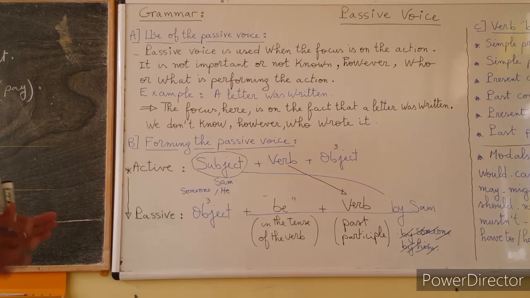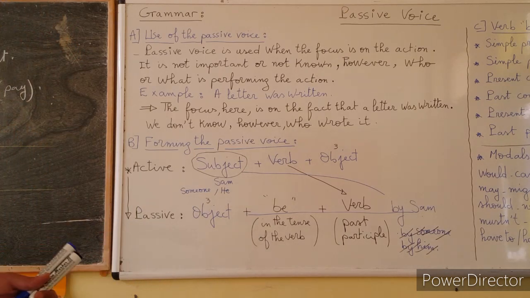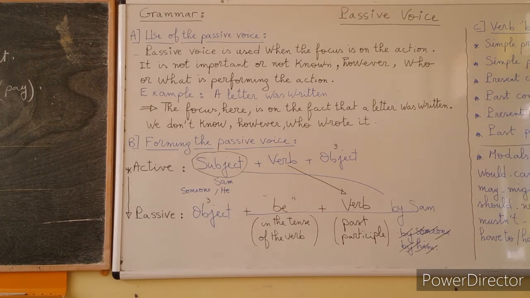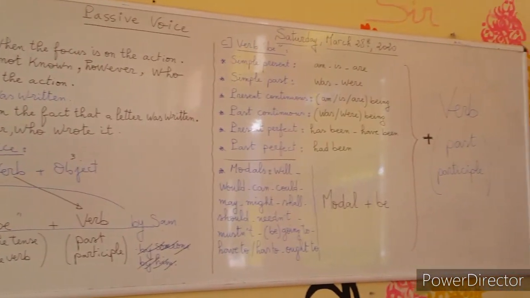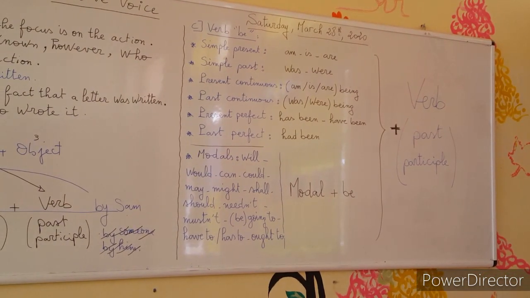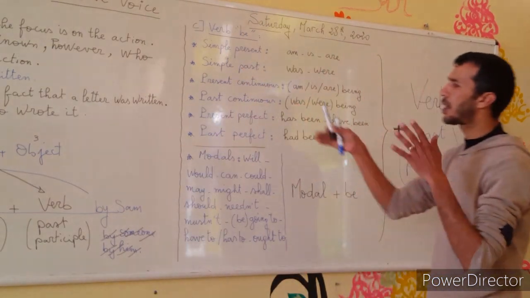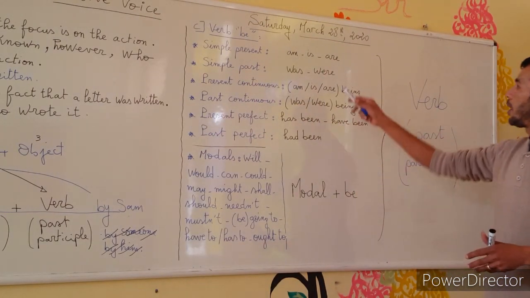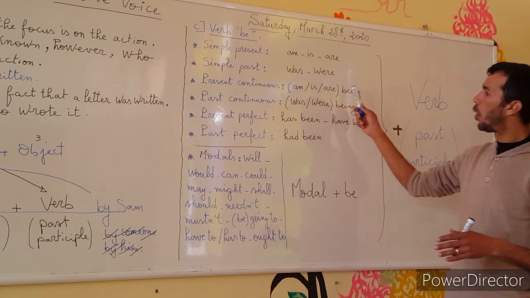Let's move to the verb be and the conjugation of the verb be in the different tenses that we need while working on passive voice. As you can see here, you have verb be in simple present, just to simplify things: am, is, are. Simple past: was, were.